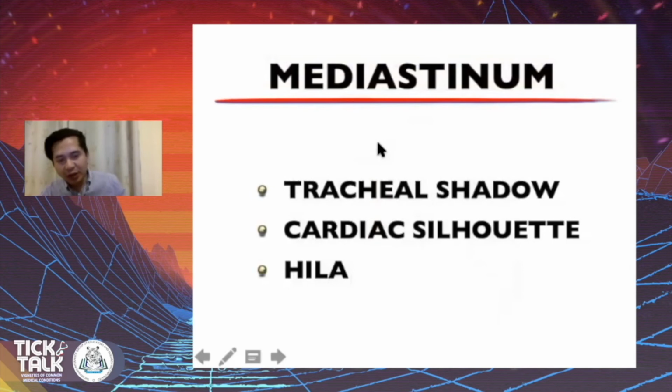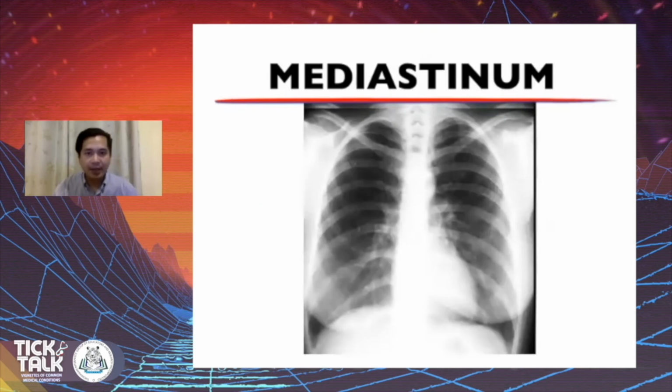Now, we're done with the A, T, abdomen and thoracic part. We go to the M. M stands for mediastinum, and these are the things that we look at: the tracheal shadow, the cardiac silhouette, and the hila. The trachea is the tubular shadow in the upper chest. It should be midline.